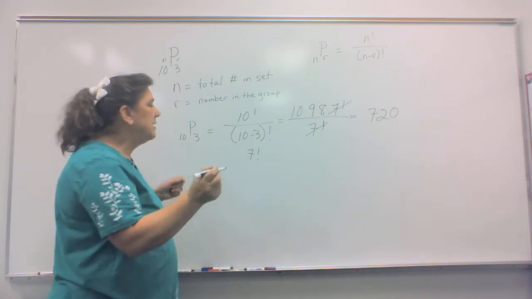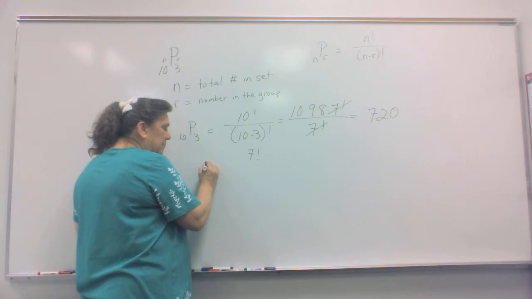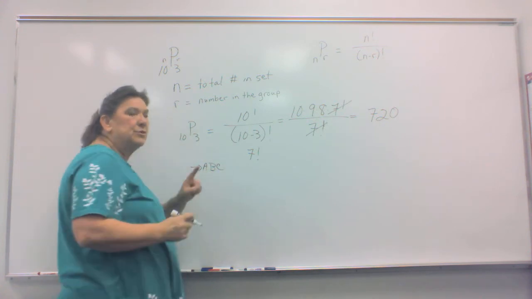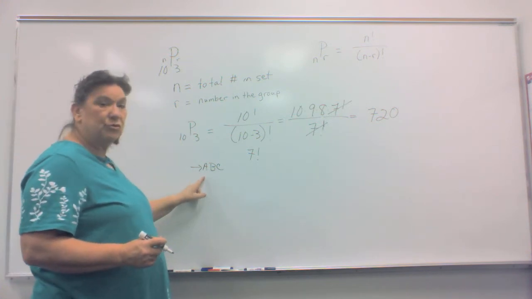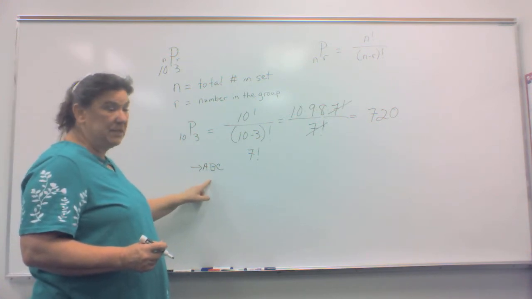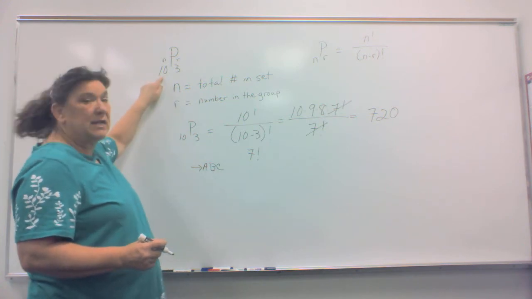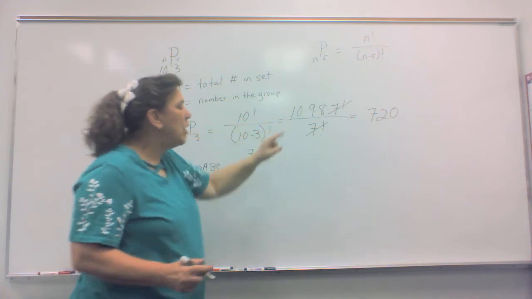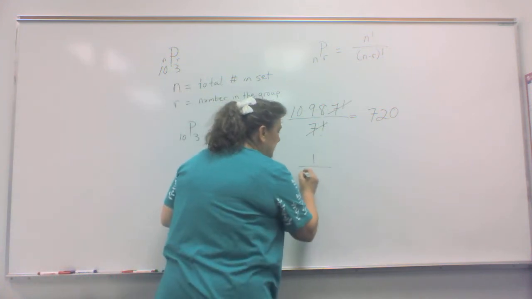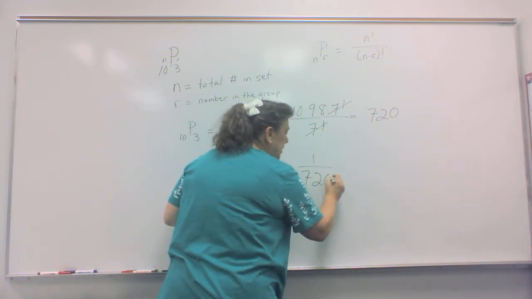So if I wanted to have a group that had A, B, C, for example, that order is going to appear one time. So what is the chance of drawing a group that is A, B, C out of the first 10 letters of the alphabet? It's 1 out of 720 chances.